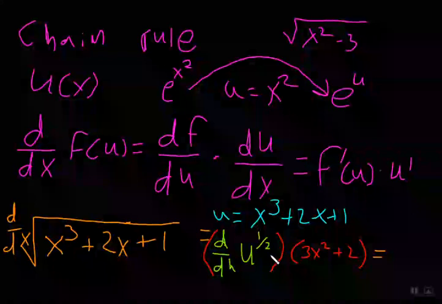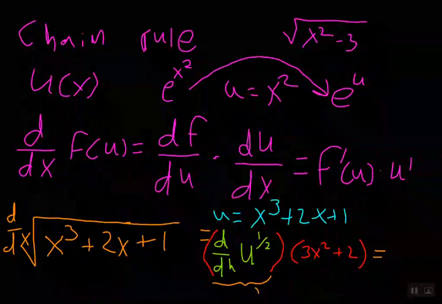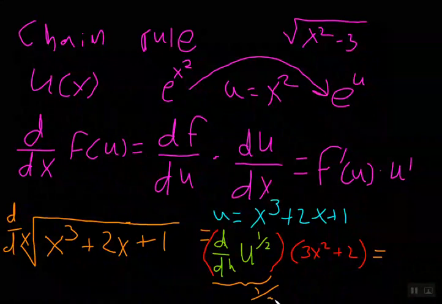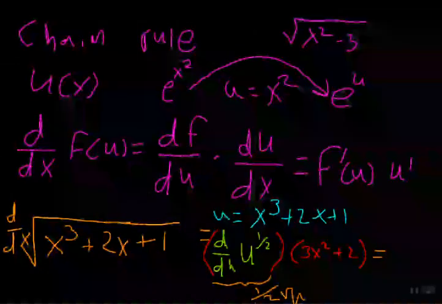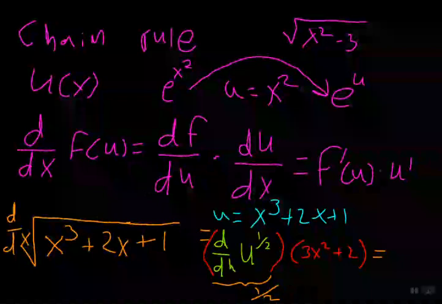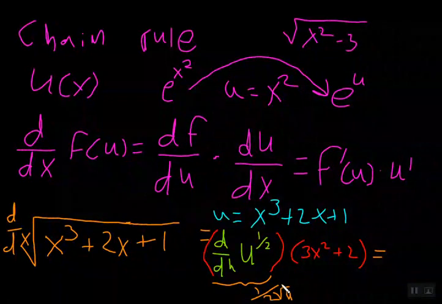So this is 1 over 2 times the square root of u. The square root of u is also in the denominator there. You can see that's 1/2 times u to the negative 1/2 power, just a different way to write it.